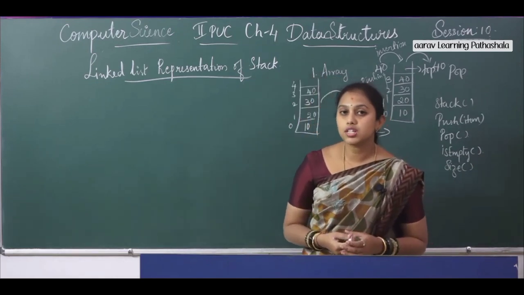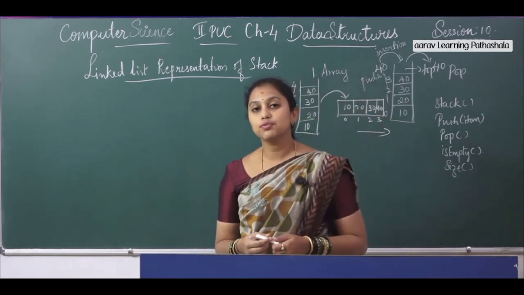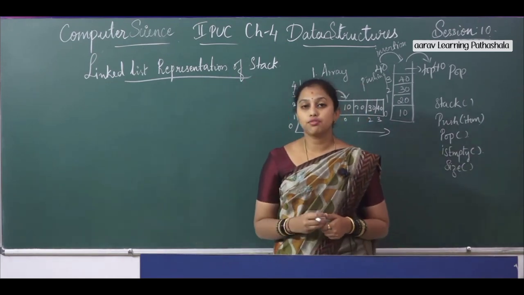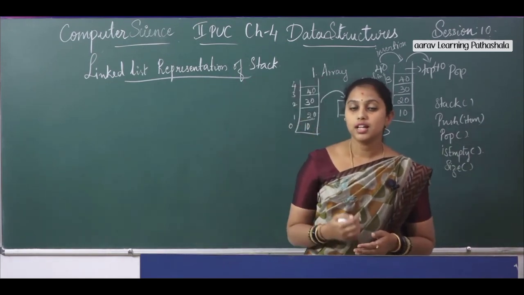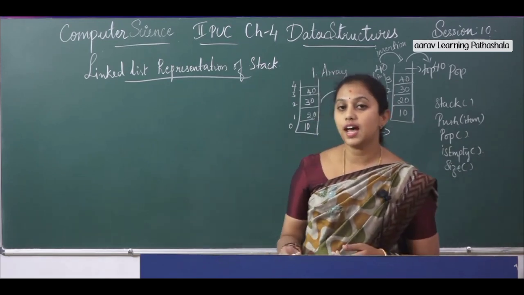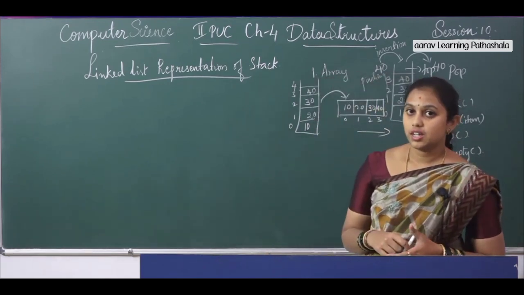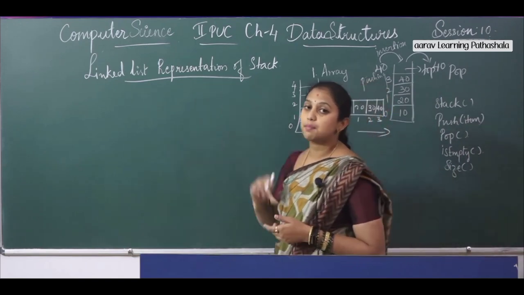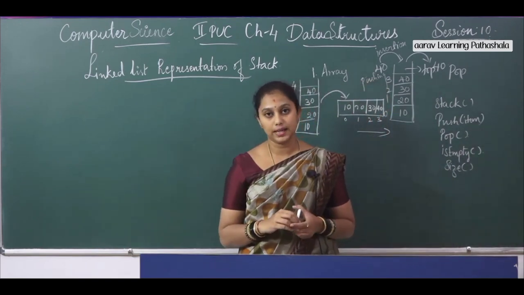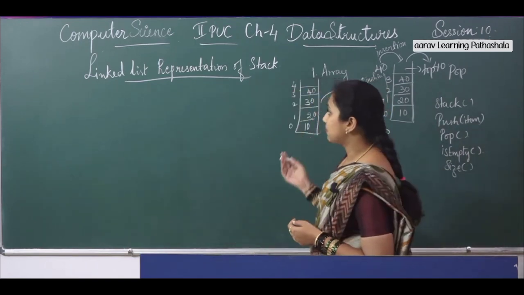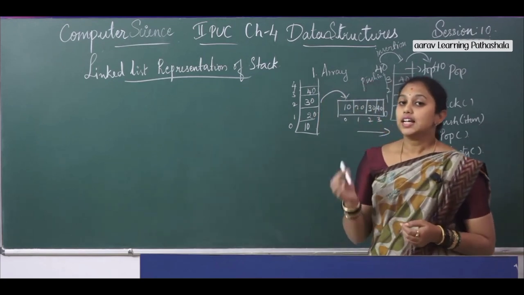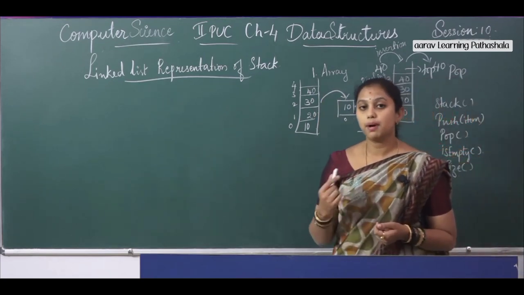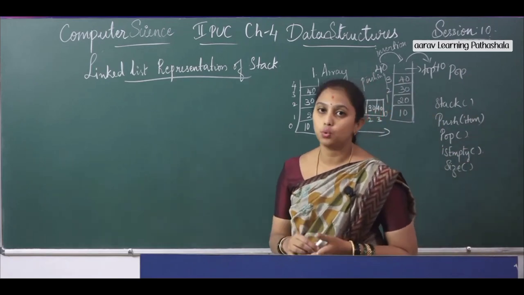But it is not possible to increase the size of a stack during execution. Dynamic creation of a stack is not possible when we are representing a stack using arrays. So in this case we require linked list representation of stack. In linked list representation we can insert an element by creating another node.